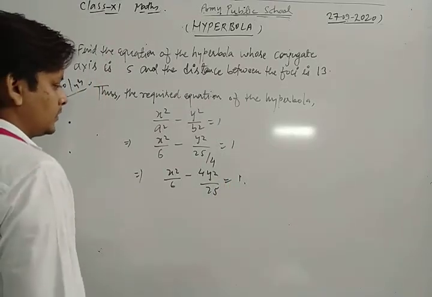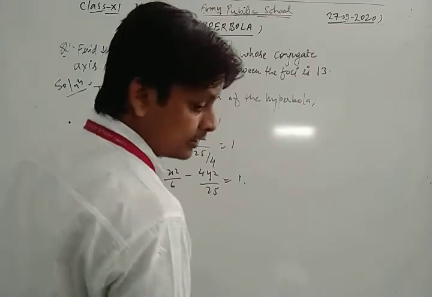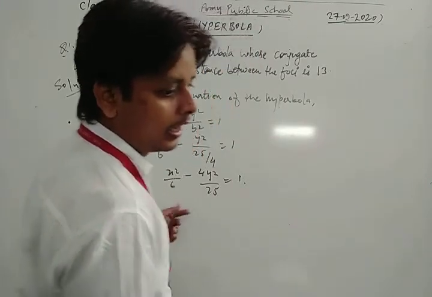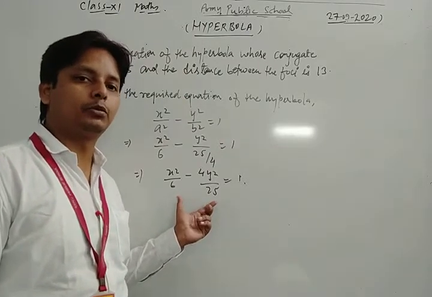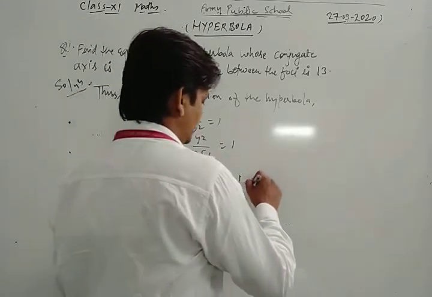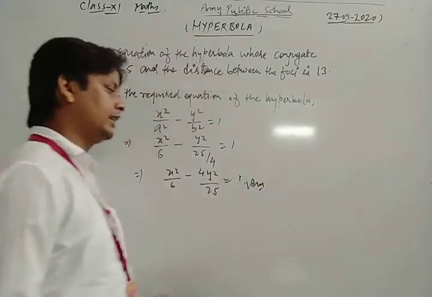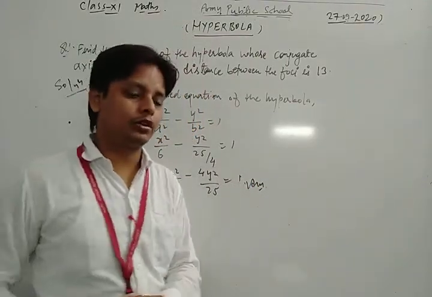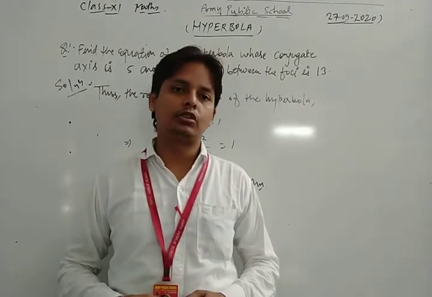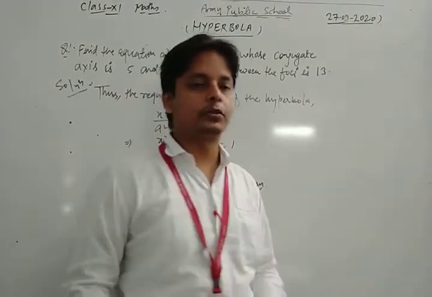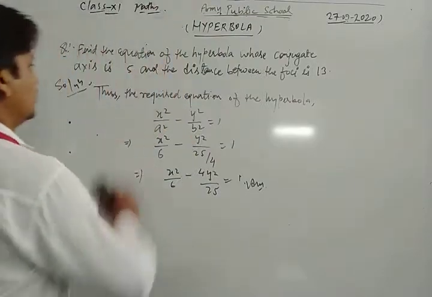Thus, here students, in this way we get the required equation of the hyperbola. This is our required answer. Thus, dear students, in this way you can solve each and every question of your NCERT exercise based on hyperbola. Now we take and solve some other question based on the hyperbola.